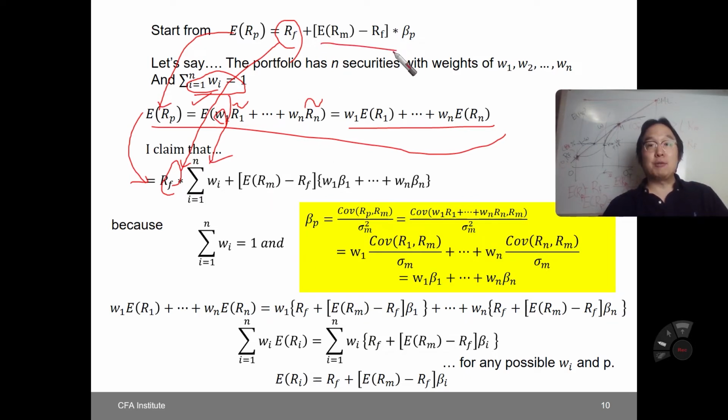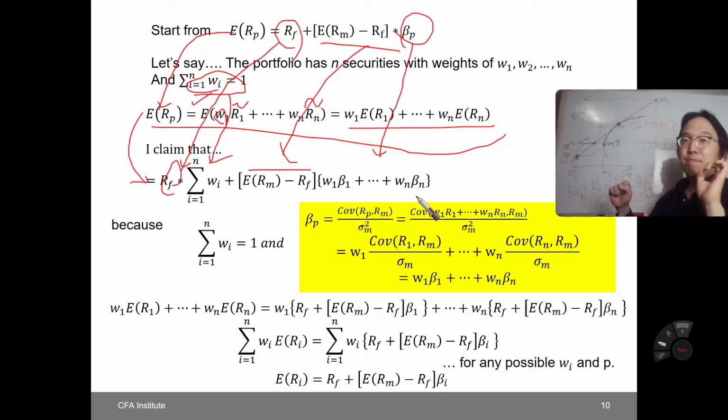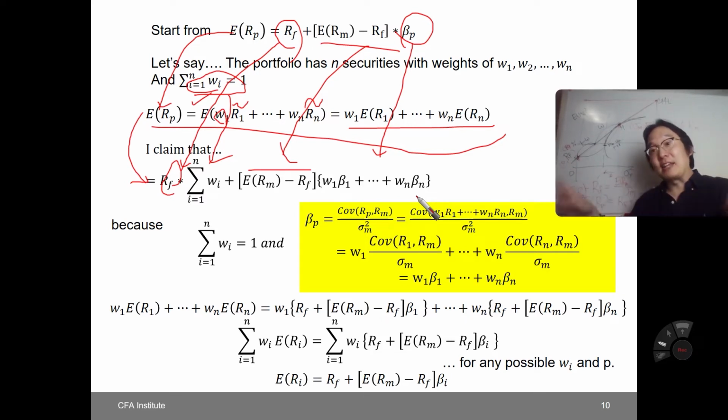The market risk premium stays the same. That's good. The only thing that we have to worry about is the portfolio beta. And I claim that the portfolio beta will be the weighted average of the betas of the component stocks. Oh my God, weighted average betas. You didn't even talk about beta yet, but how could you do that?